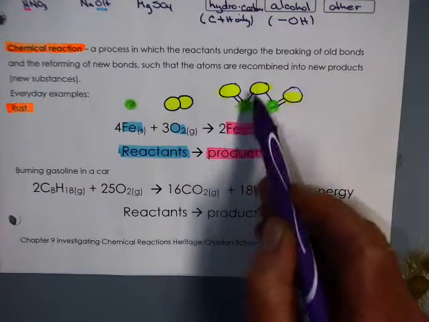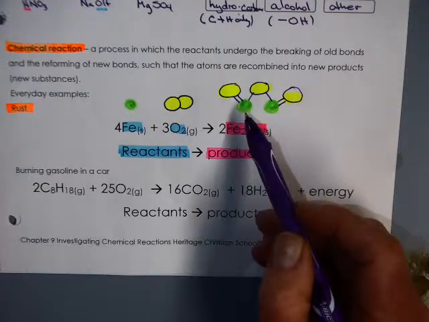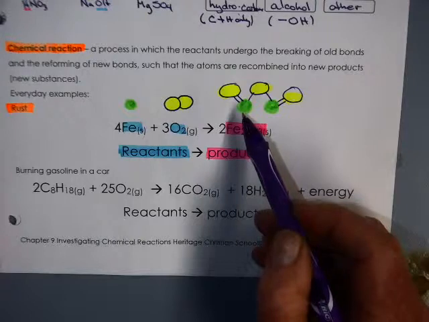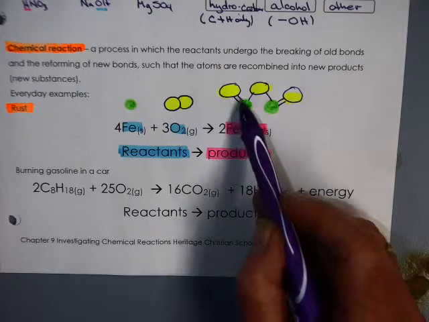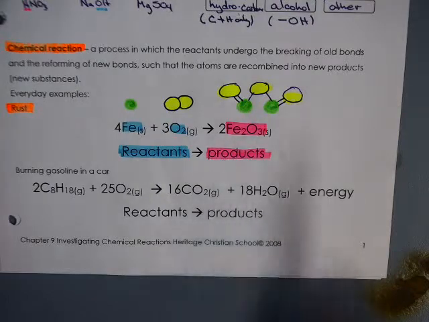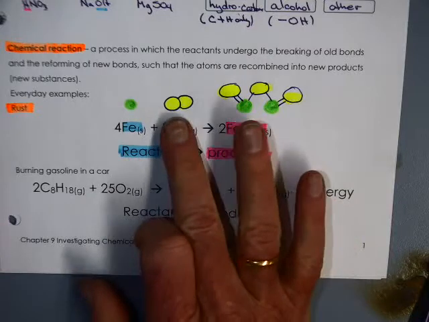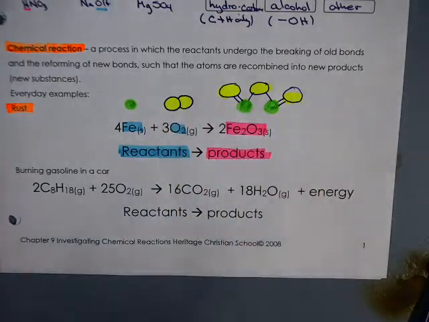This guy's forming 2 bonds, this guy's forming 2 bonds, this guy's forming 2 bonds. Iron 3 means that there are 3 bonds. This guy's forming 3, this guy's forming 3. Okay? If I was to have a pocket full of iron and a pocket full of oxygen, and I was to mix them together, what ratios would be produced is going to be the challenge that you're going to have to deal with for this entire topic.